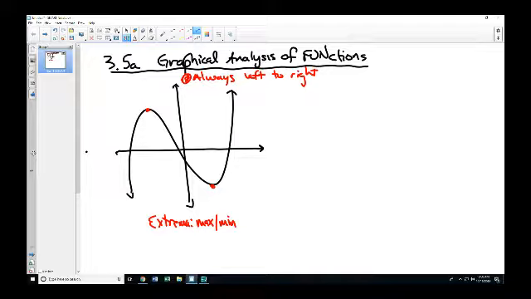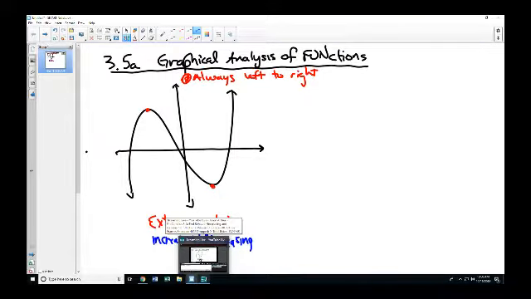Another thing we look at is increasing and decreasing behavior. You know what those words mean, right? So if I'm going from left to right, is this graph going up or down?